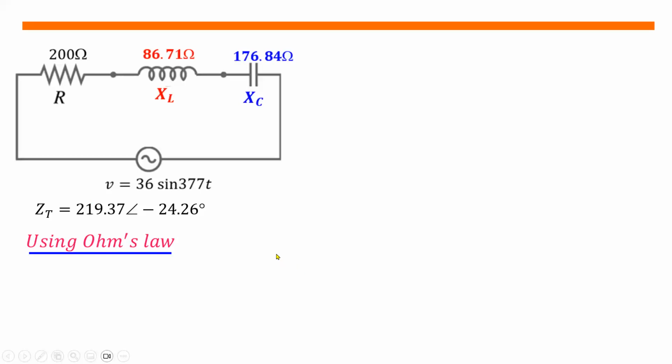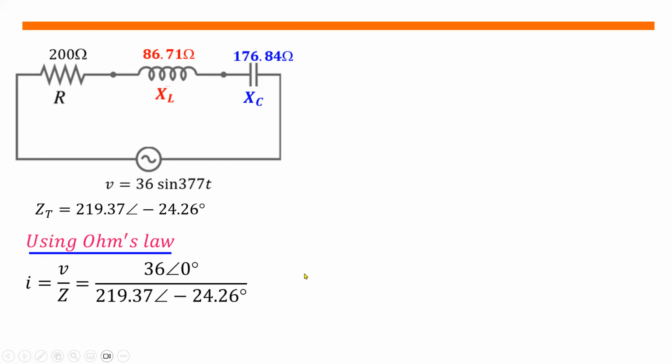So using our impedance, that is equals to 219.37 angle negative 24.26 degrees. So using Ohm's law, I is equals to voltage divided by the impedance, then our current will be 0.1641 angle 24.26 degrees. Then using Ohm's law, the voltage across the resistor will be I multiplied by the resistance.